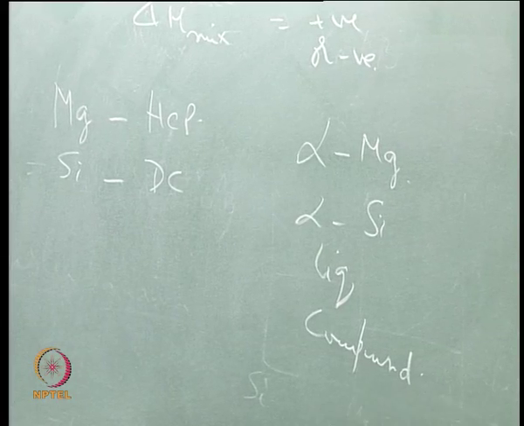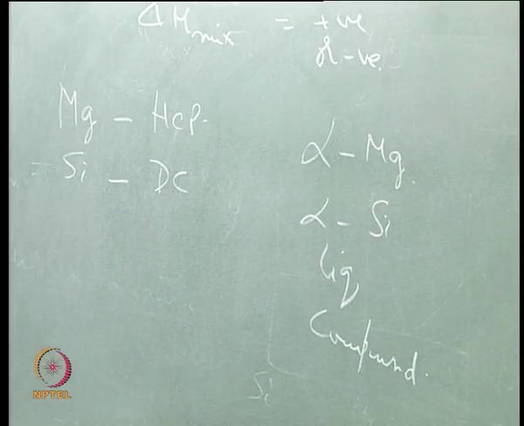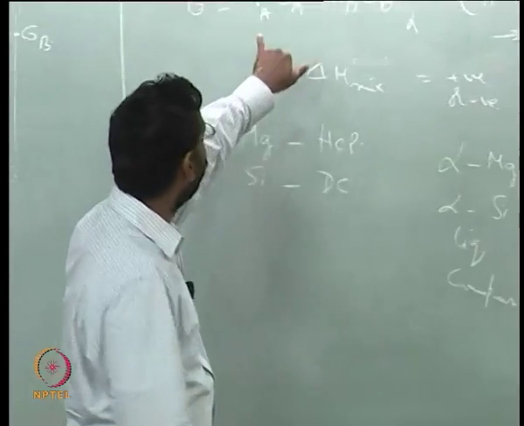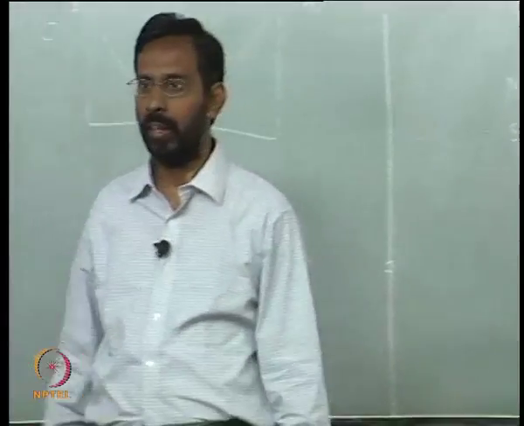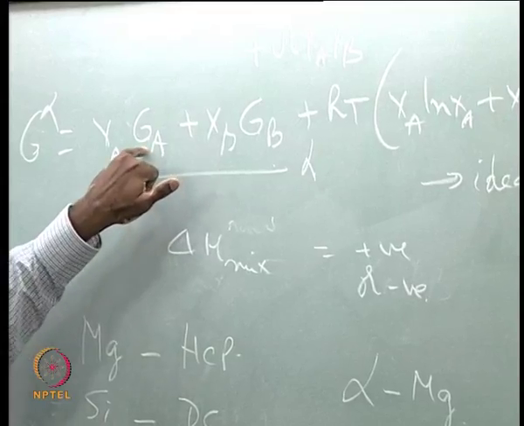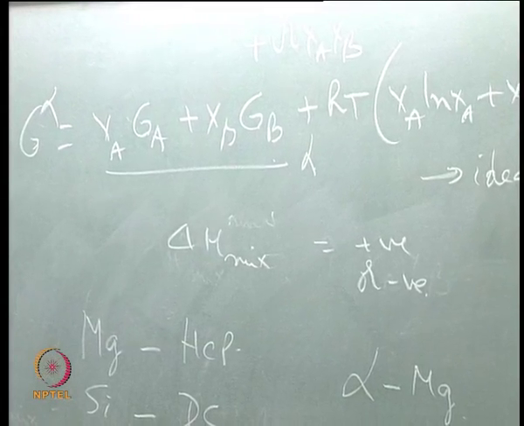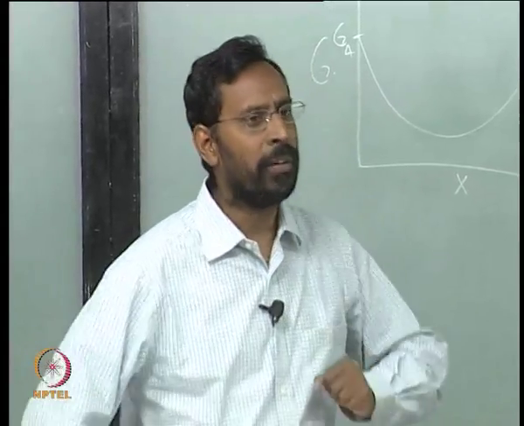Now, if I want to calculate the free energy of alpha magnesium and say that this curve belongs to that, the problem that I have is because of this parameter XAGA plus XBGB. This Ga is that of magnesium, Gb is that of silicon, but magnesium is HCP, silicon is diamond cubic.